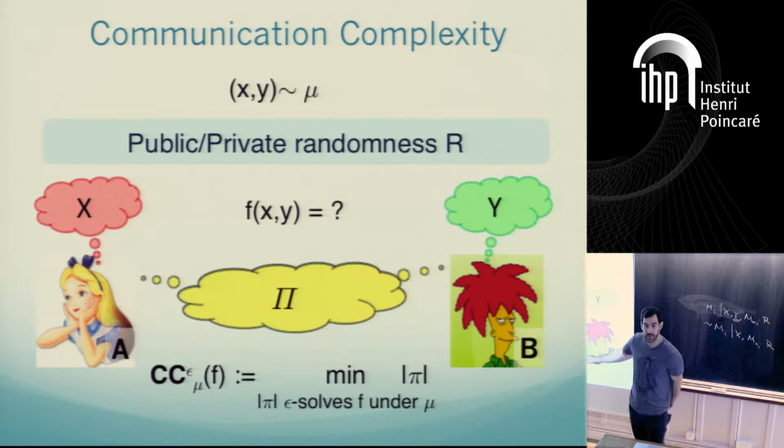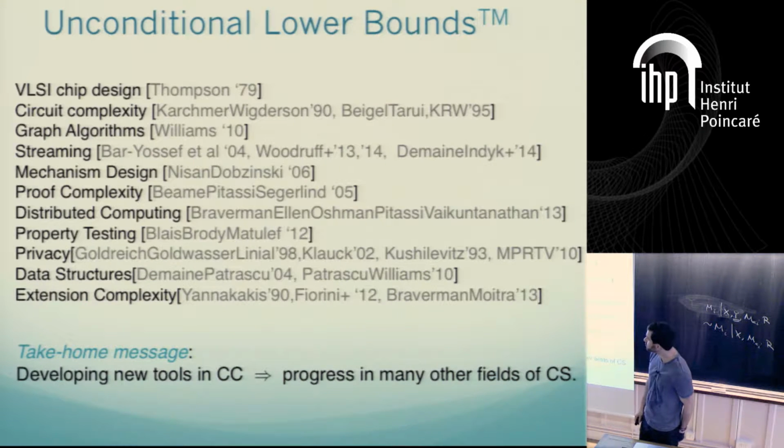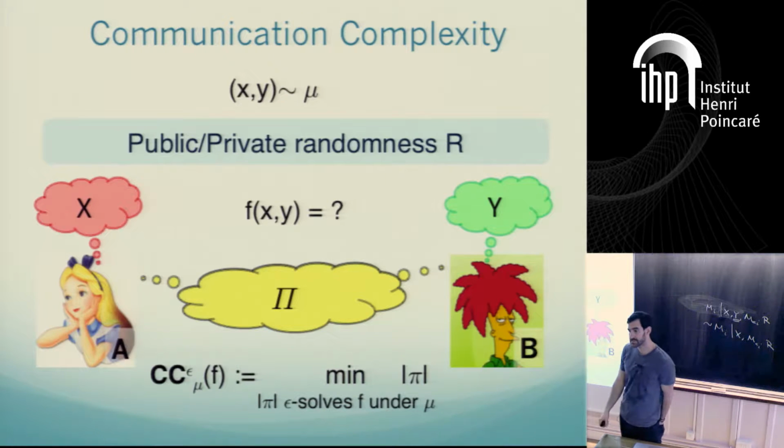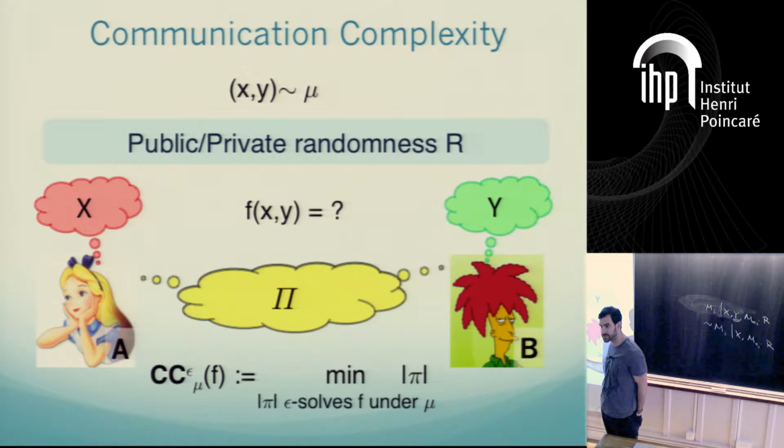Okay, so communication complexity. Any questions? So it's a good question. The convention is that this is a worst case measure.